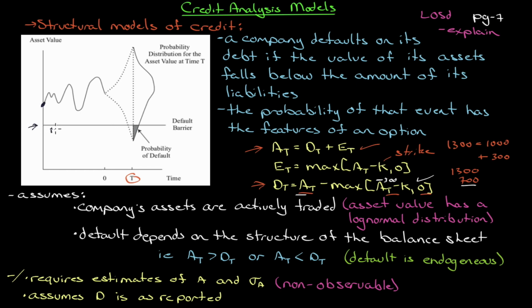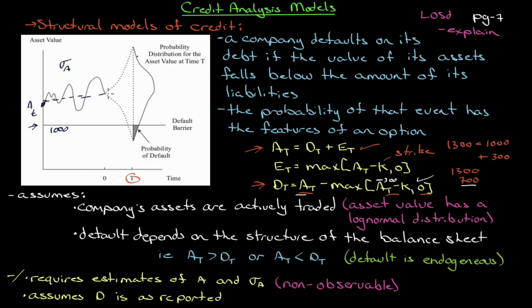Let's say it's 1,000. Here's the value of our assets today, A sub t. And off we go, and it models the variability. We need some kind of estimate for the volatility of the assets. And off it goes. At some point in the future, this is the distribution of the value of the assets that we would get. And this is the mean value of the assets.